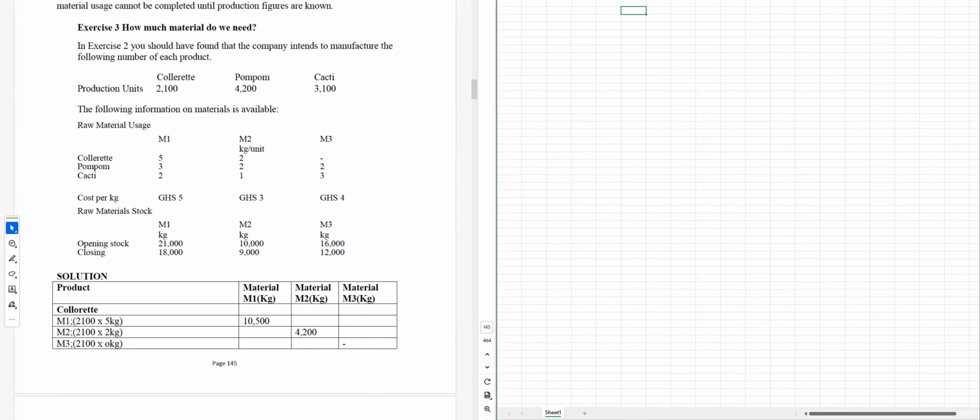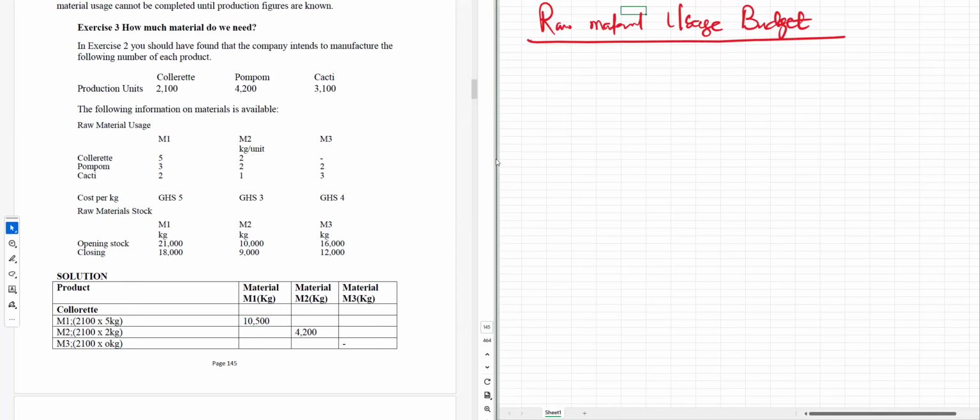So let's go and get our raw material usage budget first, because we must know how much we are using. So I would say material M1, material M2, and material M3. You can decide to arrange them according to product or according to material. It's up to you.